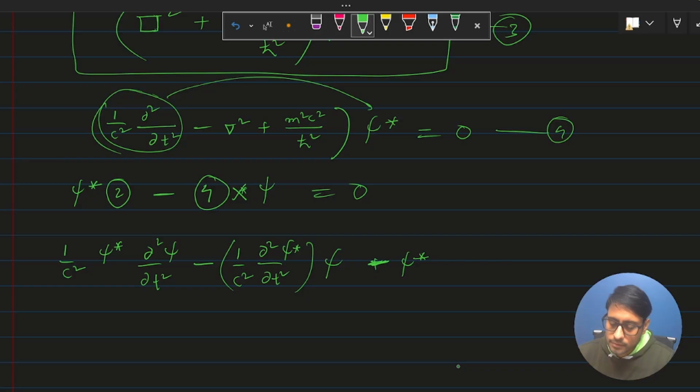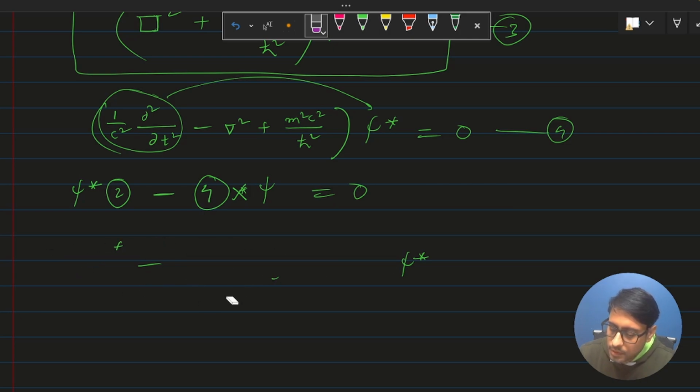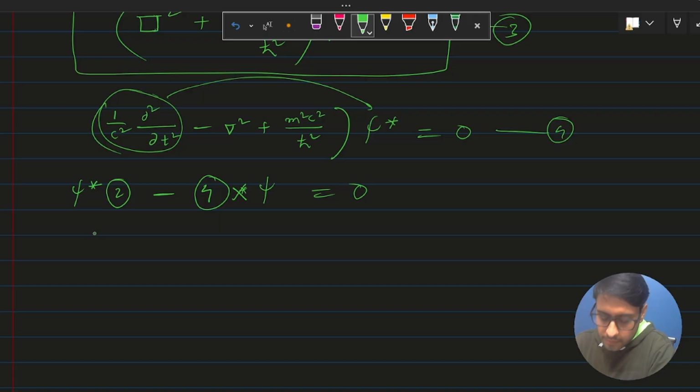Let me do it in a better way. I think people may get confused with it, so I have to write a little bit smaller for this. 1 over c square del 2 over del t square minus del square. So the thing I'm going to do is multiply by psi.